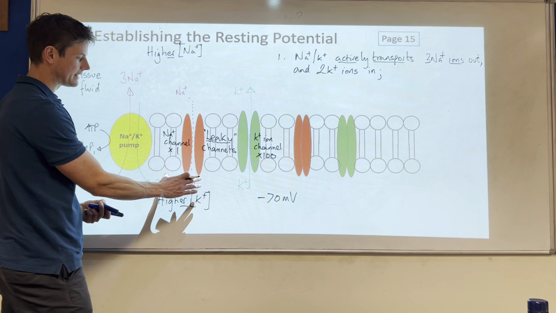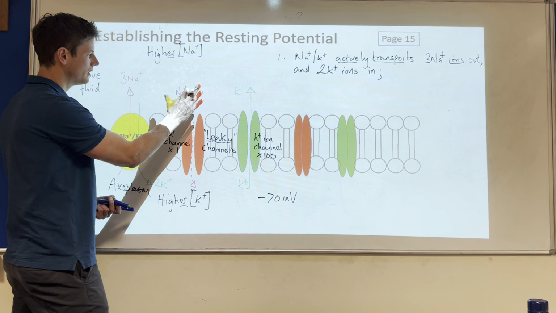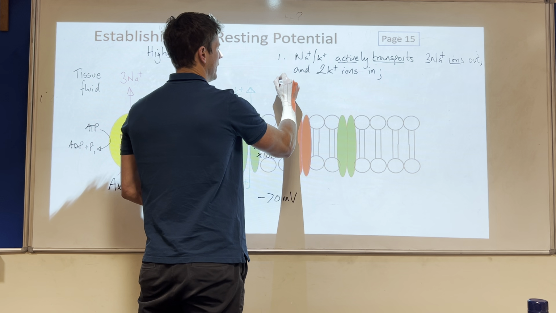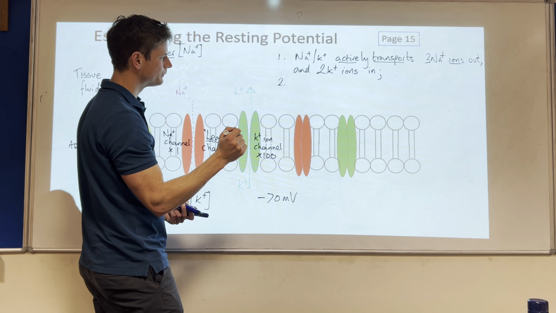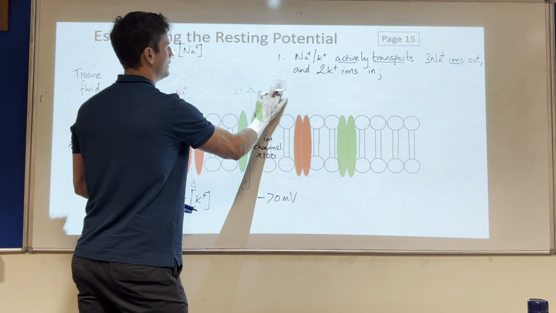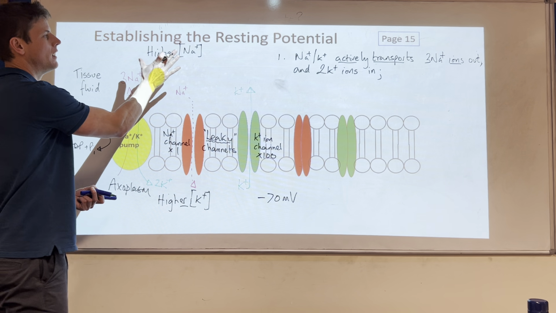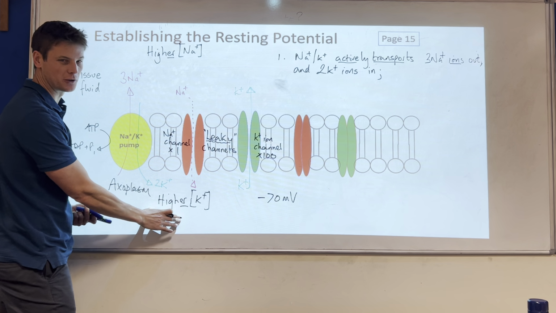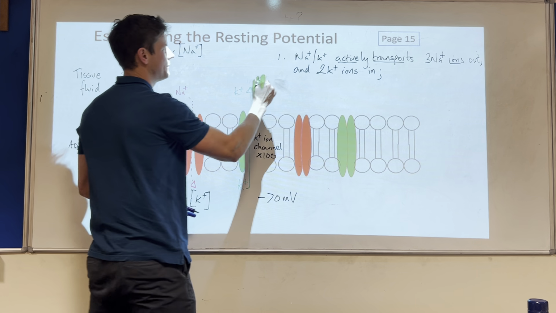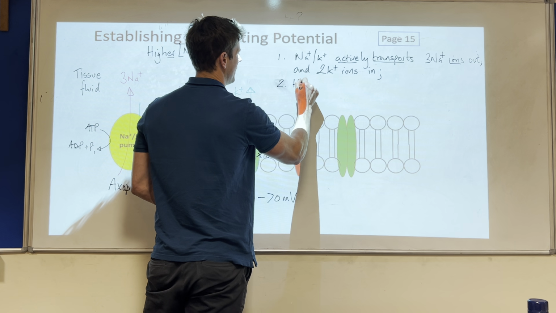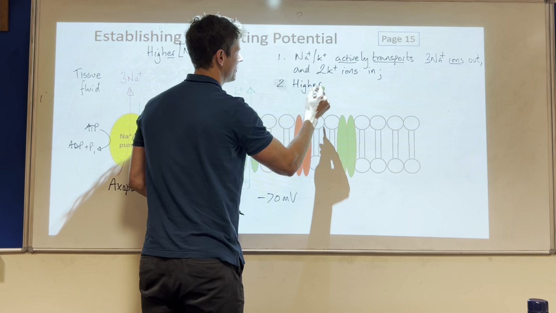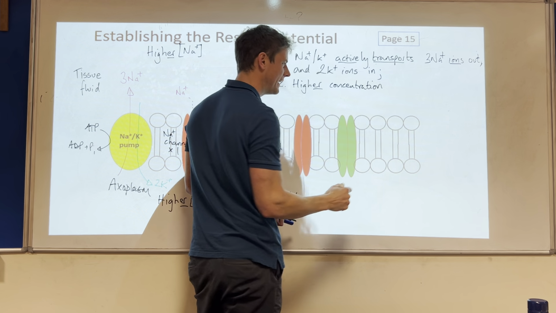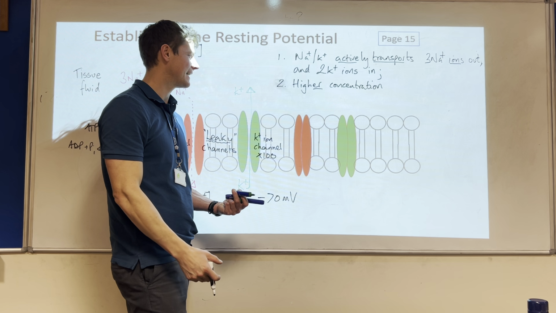Okay, so the second thing we can say, now this second part relates to the permeability of the membrane to sodium ions and potassium ions. Okay, so number 2 then. In fact, no, I'm going to go back a step. You could do it that way, or you could do it this way. Let's say that the second part is this establishment of these 2 concentration gradients. Okay, so number 2, we have a higher, and make it comparative, concentration. Please don't abbreviate concentration in the exam.